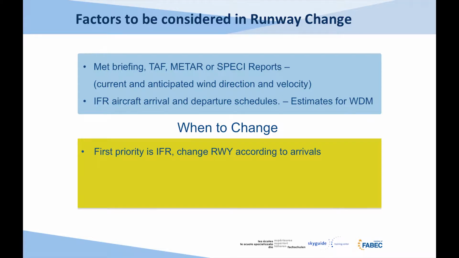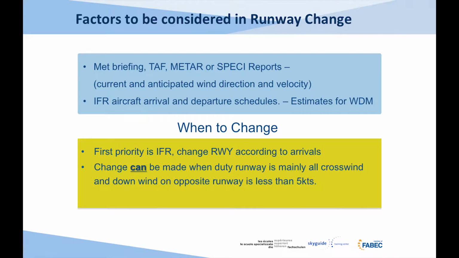The runway change can be made when the duty runway is mainly all crosswind and the tailwind on the opposite runway is less than 5 knots. As soon as the tailwind on the duty runway is more than 5 knots, the runway change must be made. Shortly said, the magic mark for you to do your runway change is 5 knots. Whenever the tailwind on a runway is bigger than 5 knots, you can't let depart or land any traffic on this runway.